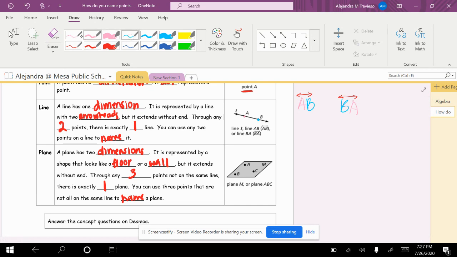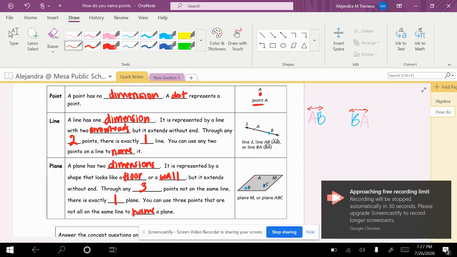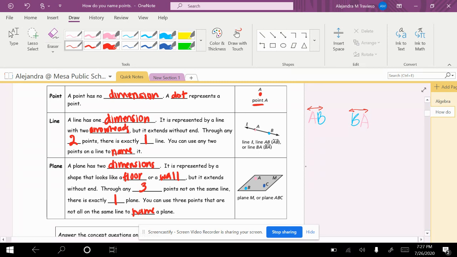So here we have A, B, and C. We're going to write down plane A, B, C. You don't have to do anything special to this. You don't have to write any symbol or anything. You just need to write the word plane. Okay?